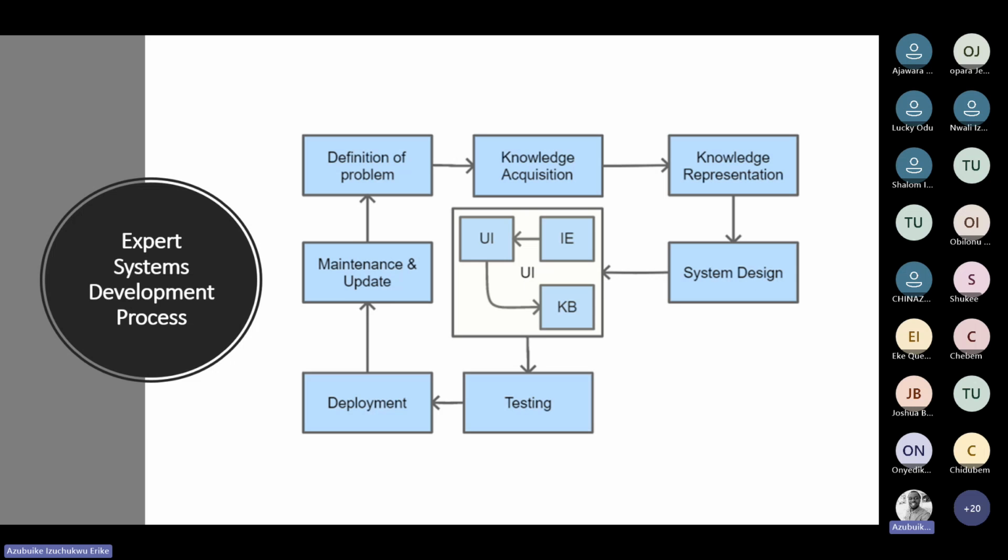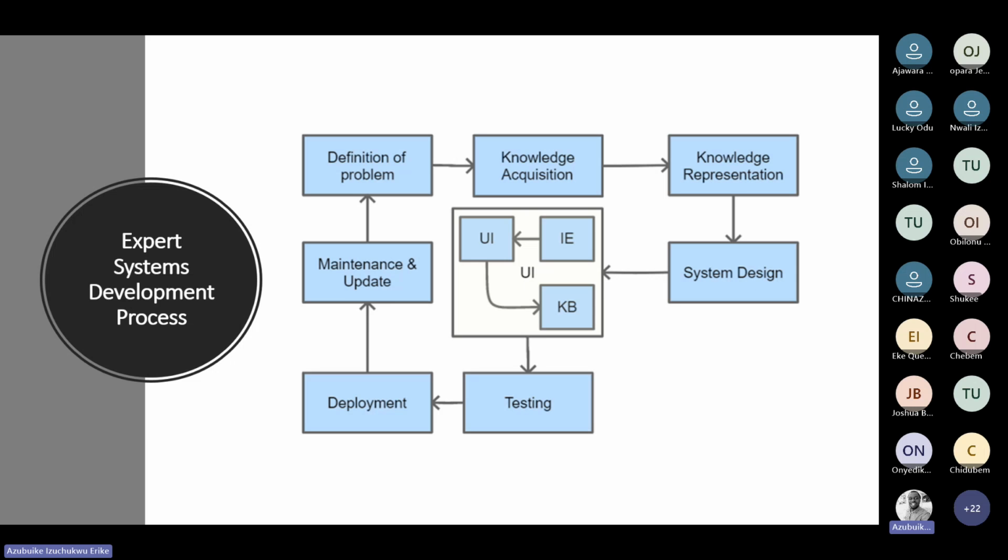Number 1 is the user interface, UI. Number 2 is the inference engine. And number 3 is the knowledge base. Just like you are designing in your web development.